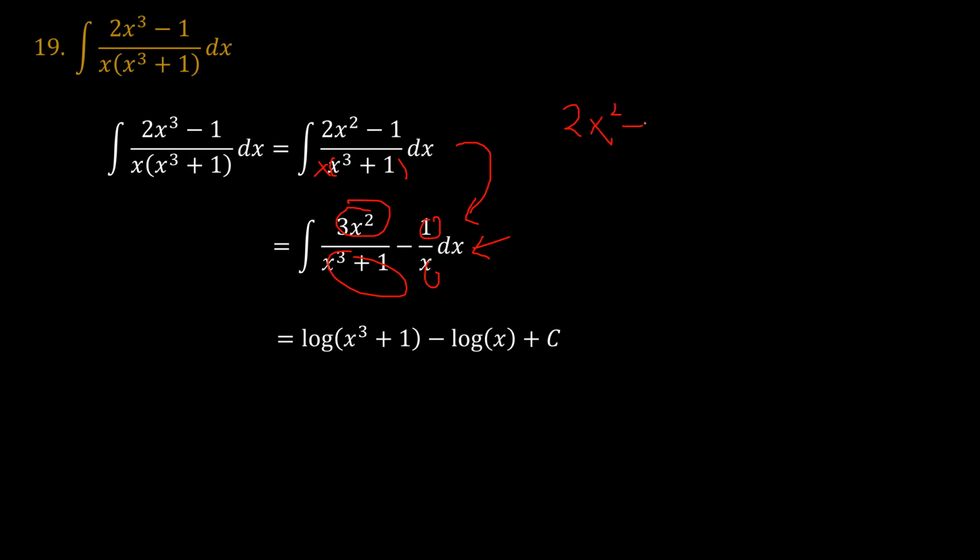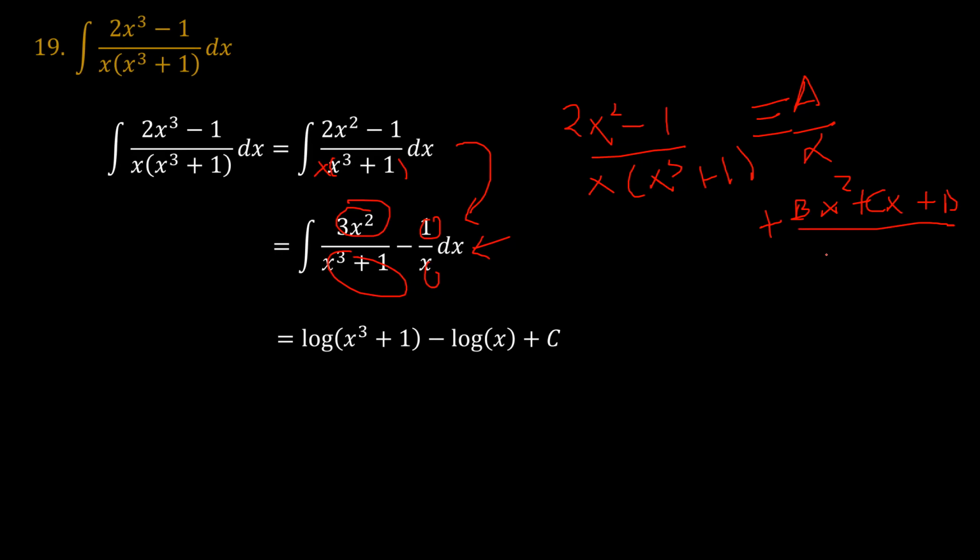2x cubed minus 1 over x times x cubed plus 1 is equivalent to a over x plus bx squared plus cx plus d over x cubed plus 1.